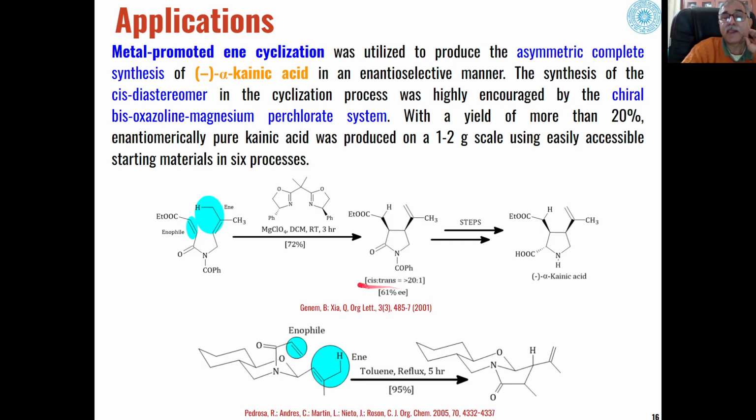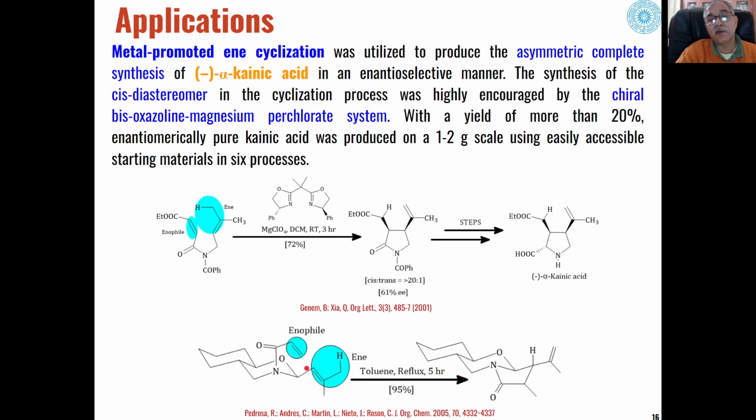And here the ratio of cis to trans product is 20:1, and the product is formed in 61% enantiomeric excess. And then through different further reactions, this can be transformed into alpha-kainic acid.